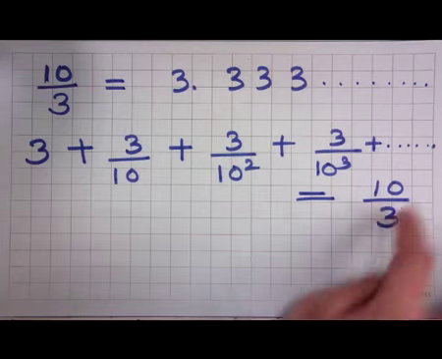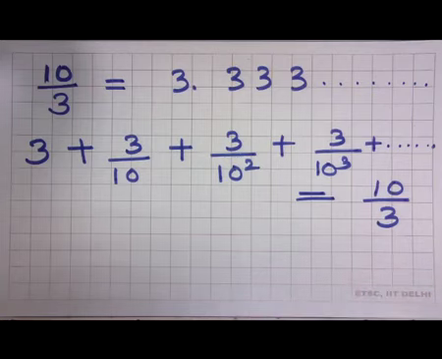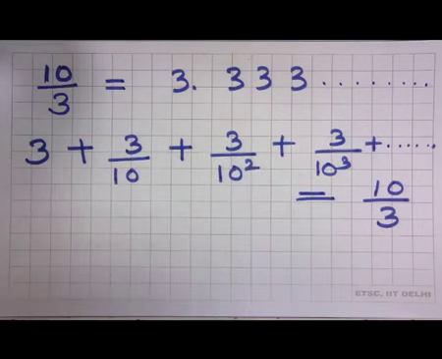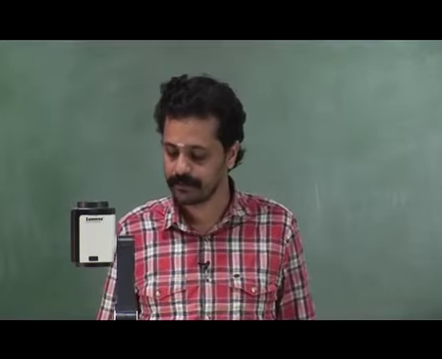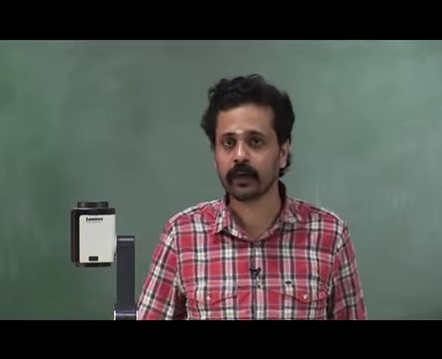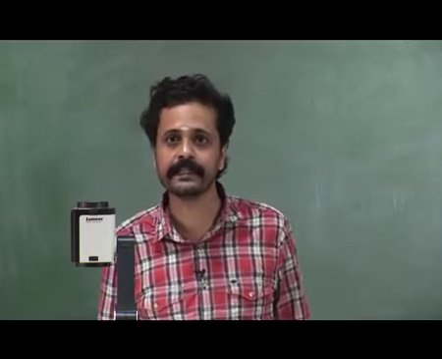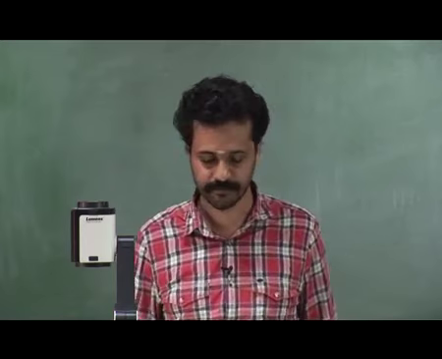Note that to get exactly 10 by 3, we have to keep on adding 3 with 3 by 10 with 3 by 10 square and so on. In fact, we have to deal with infinitely many real numbers. This quest of seeking better approximation, in fact, leads to the concept of sum of infinitely many real numbers.